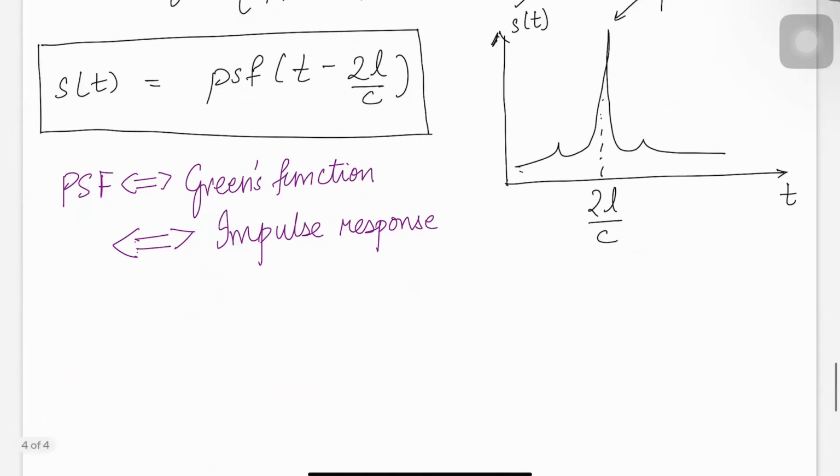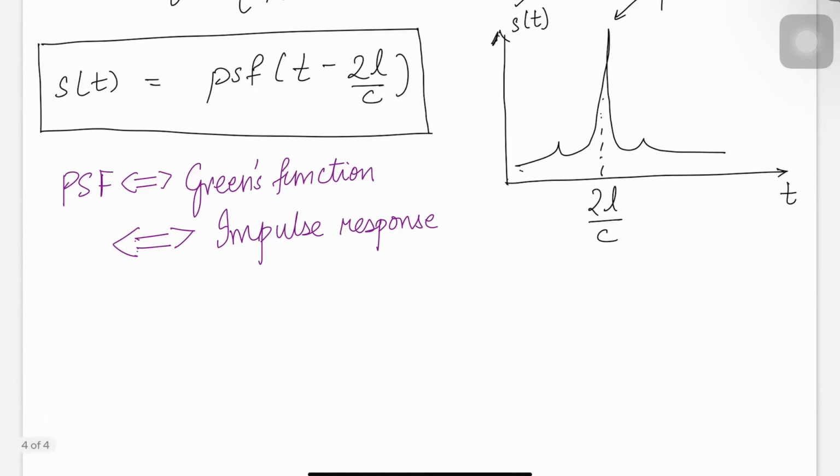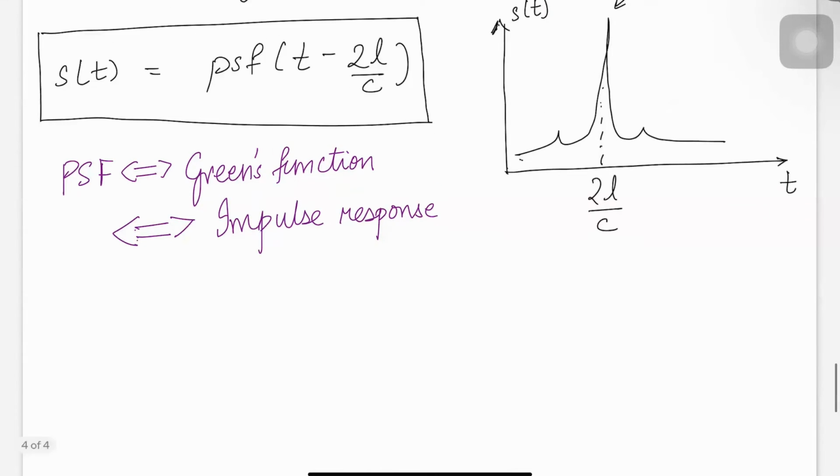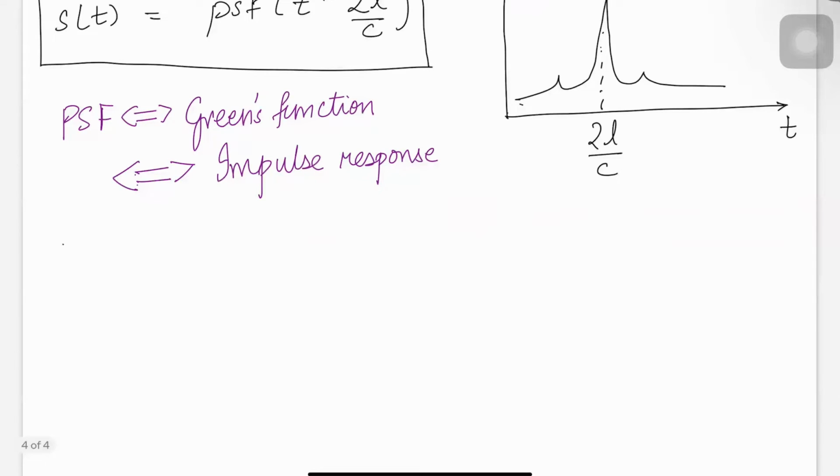Okay. So now that we looked at a single target, we can make it a little bit more complicated and look at a distributed target. I'm just going to be a little bit sloppy here. Mathematically, it matters, but for engineers, it doesn't matter.